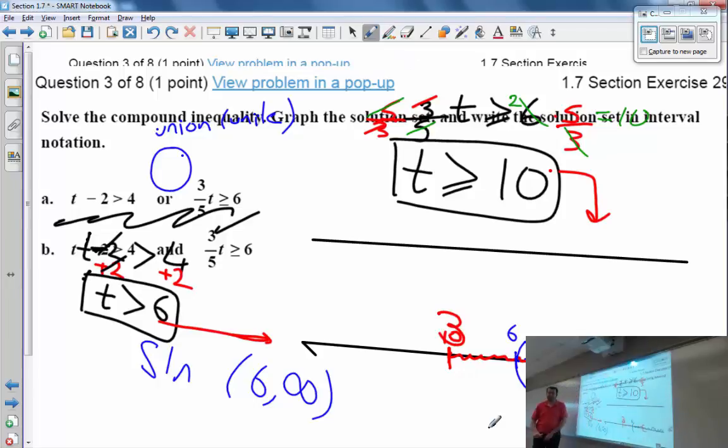What would be your answer? I modified it. It starts with 3 and ends here. 3 to there. What's the union now? 3 to 10. It's 3 to 10.